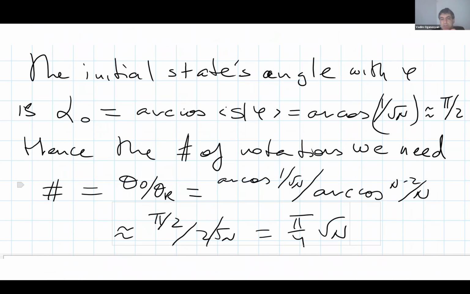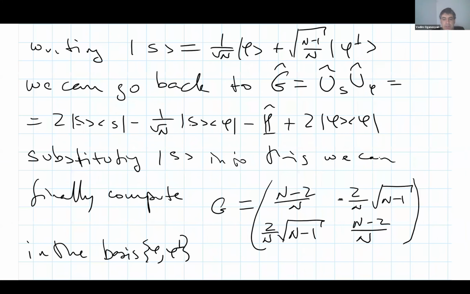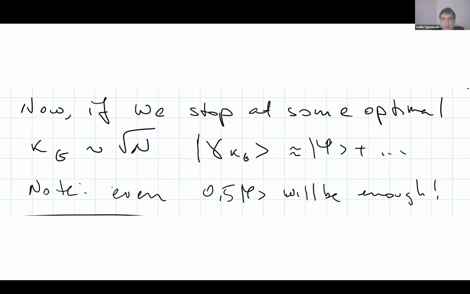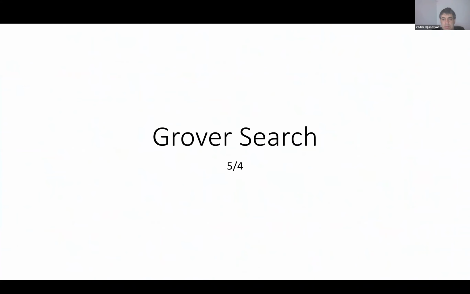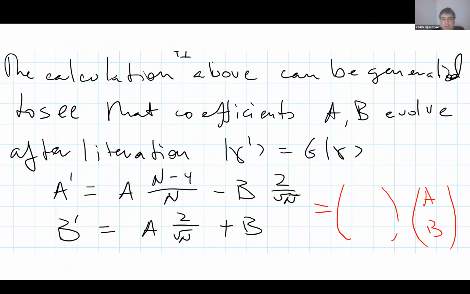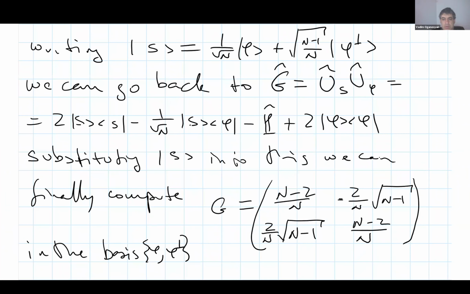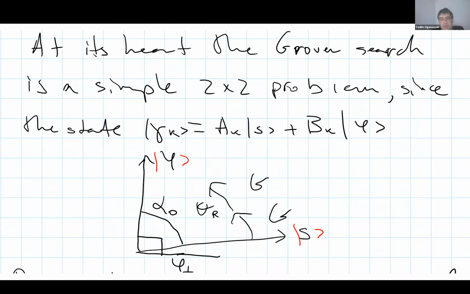So the initial state, so now, wait, I should have copied this picture. Whoops, overshot. Oh, there we go. Okay. So the end result here is that you take the initial state, which is S, and you rotate it by theta r enough number of times that you cover the distance alpha naught, the angular distance alpha naught.